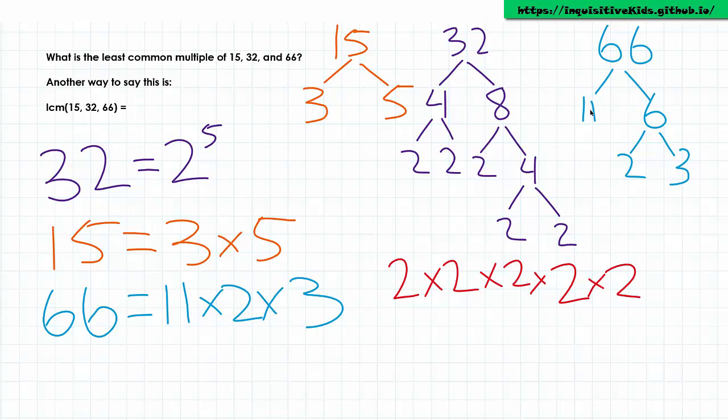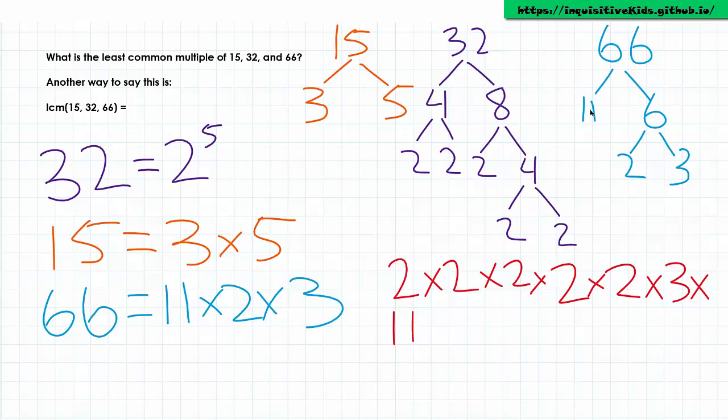We already have five 2s, which means that for 66, we only need to multiply in 3 and 11. 15 needs to have 3 times 5.